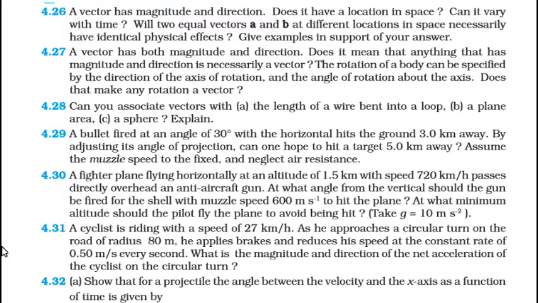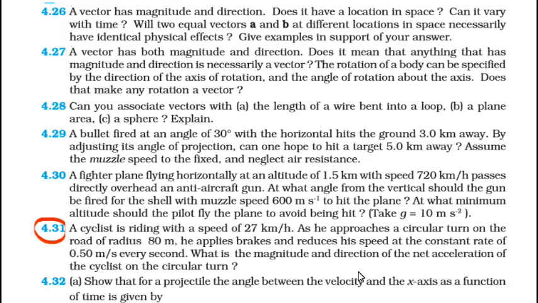Now let us do the next question, that is 4.31. A cyclist is riding with a speed of 27 km per hour.